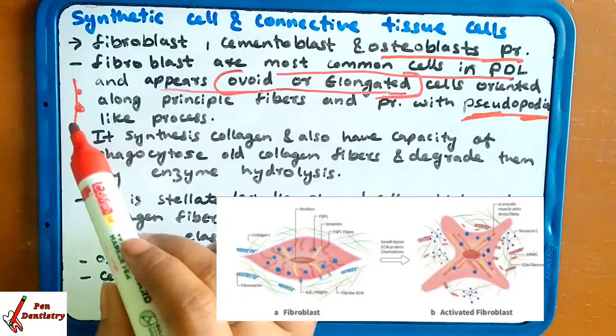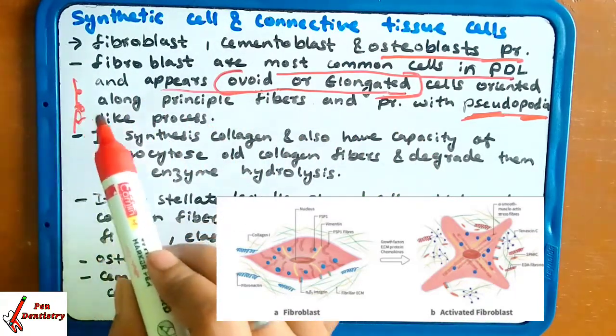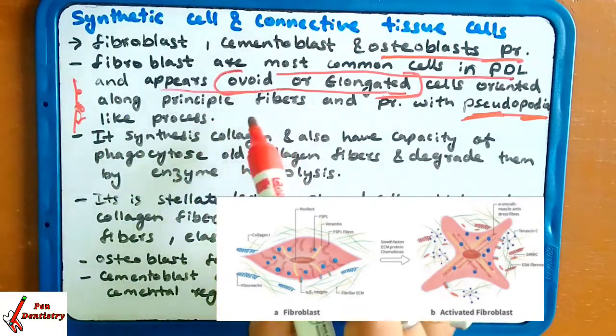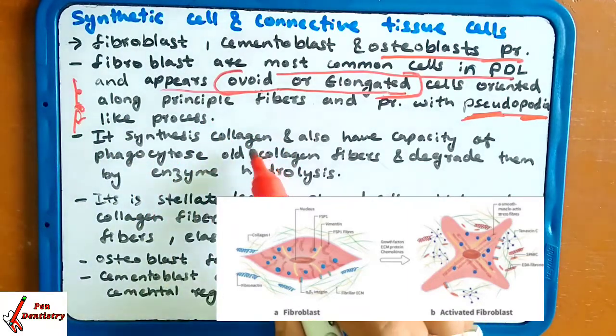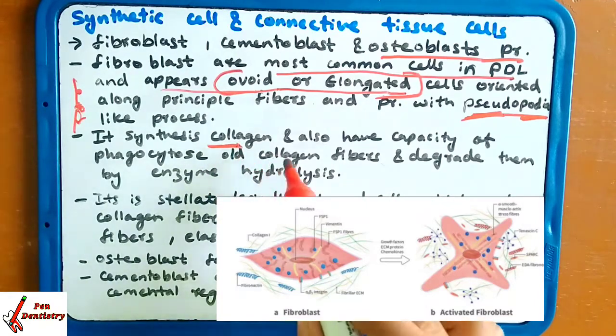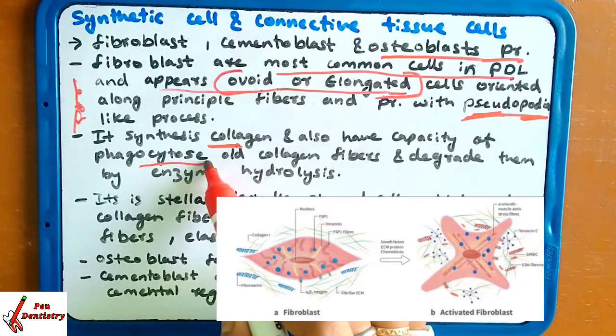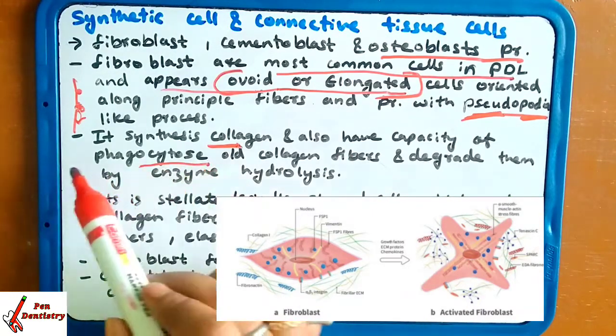This helps the fibroblast move along the principal fibers. It synthesizes collagen. What is it going to synthesize? Fibroblast is going to synthesize the collagen and also has the capacity to phagocytose. They engulf.